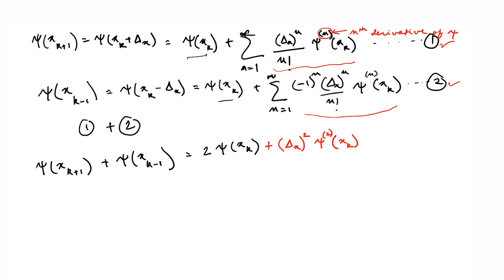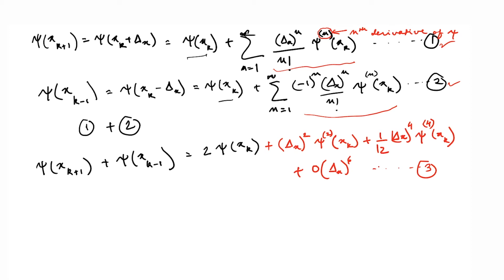Again remember, psi 2 is the second derivative of psi, plus 1 by 12 delta x to the power 4 psi 4 x k, plus order delta x to the power 6. This I call equation 3. I am keeping terms till the fourth order and neglecting the other terms in my expansion.